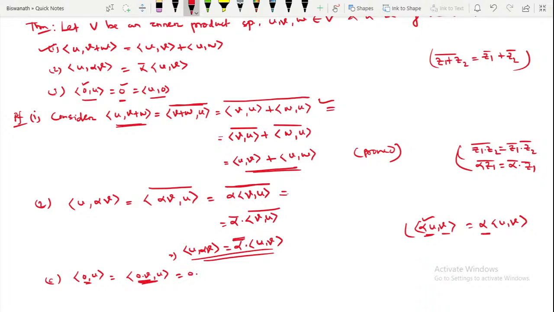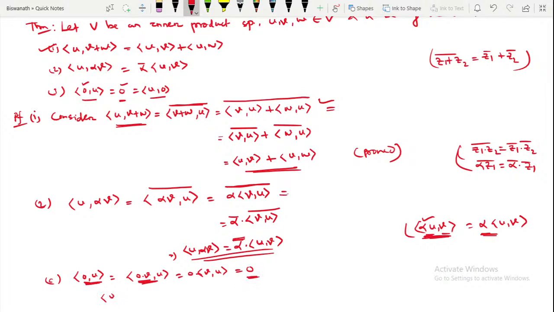So we can take 0 outside, like in this property, in place of alpha 0 is here, so we can take 0 outside of this inner product. So this will be 0 times ⟨v, u⟩, and we know 0 times anything will be 0. So the inner product of 0 and u is 0.